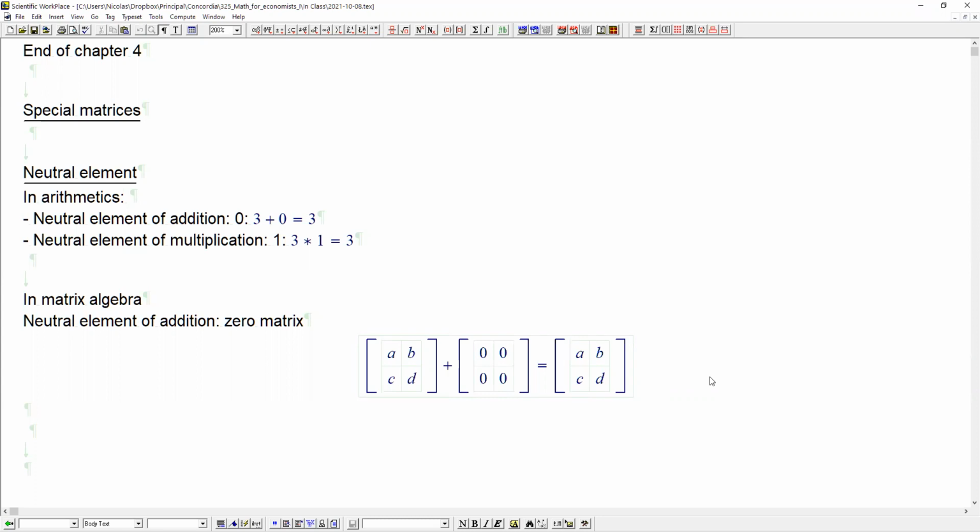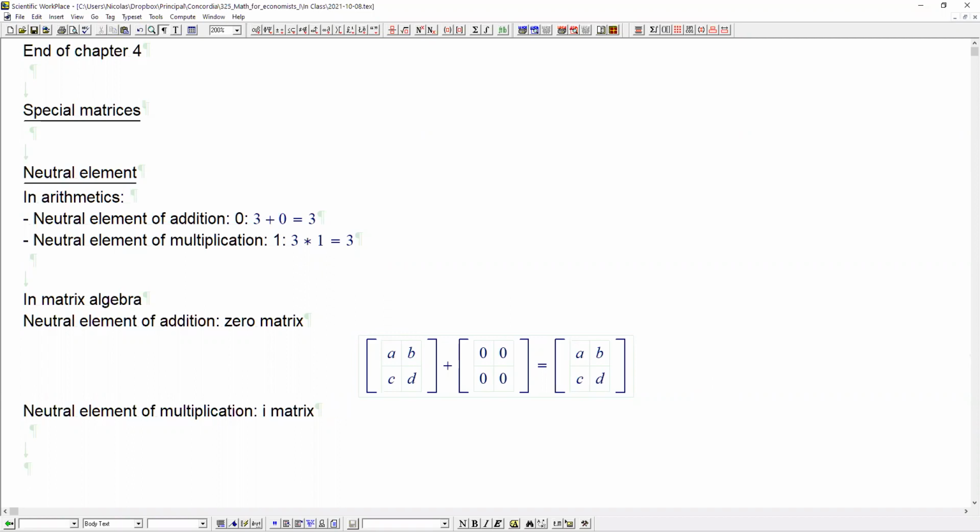Then the neutral element of multiplication. Somebody knows? The identity.